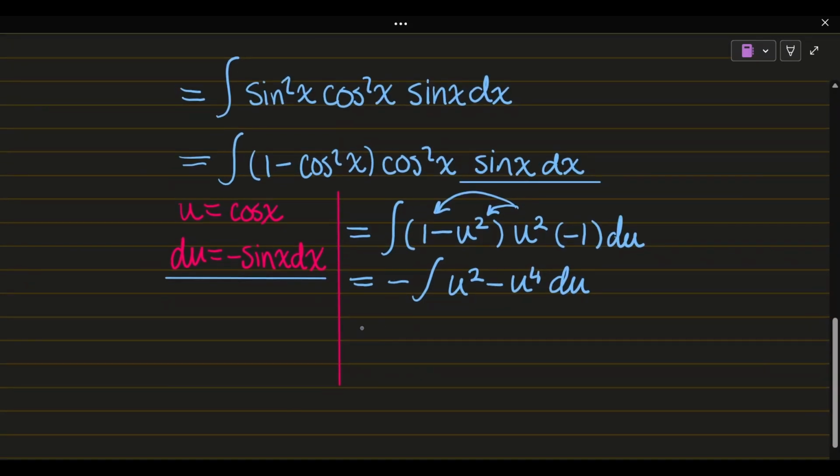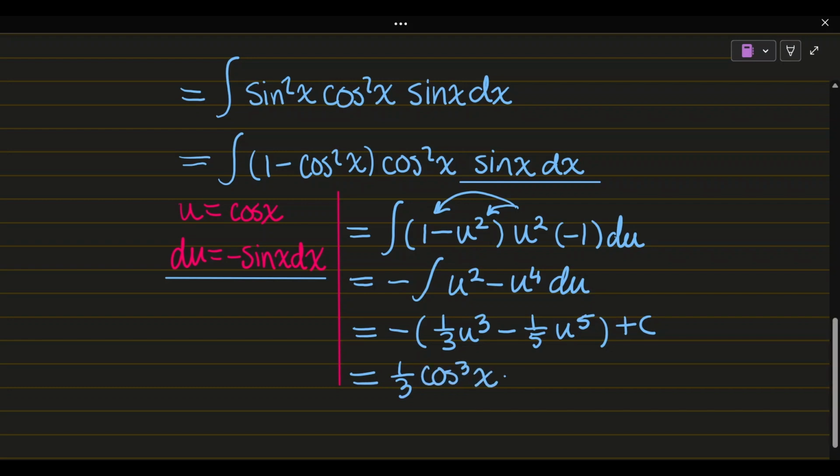That's really easy to solve, we just use the power rule. So it's negative 1/3 u cubed minus 1/5 u to the 5th plus c. And then doing my substitution and distributing that negative, this is negative 1/3 cosine cubed x plus 1/5 cosine to the 5th of x plus c, and that would be my final answer.